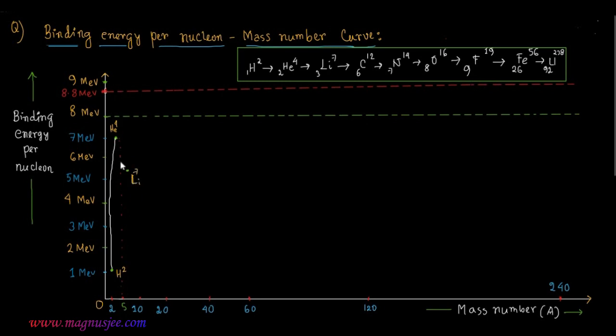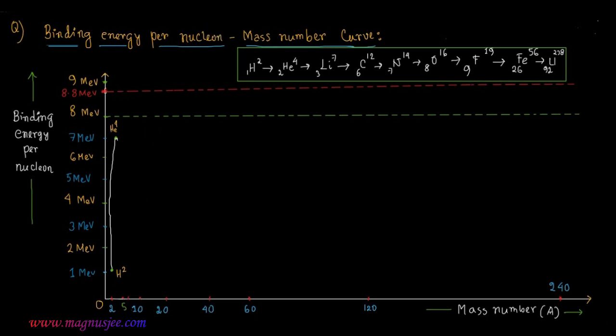This point is indicating the position of the lithium 7 nucleus, and we can draw the graph between the points indicating the positions of the helium nucleus and the lithium nucleus.